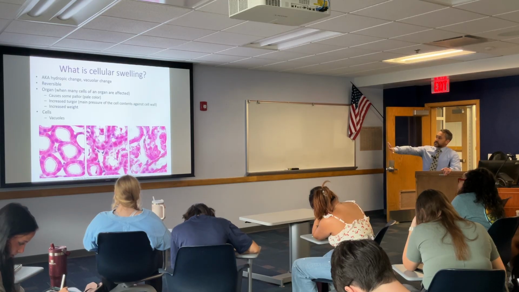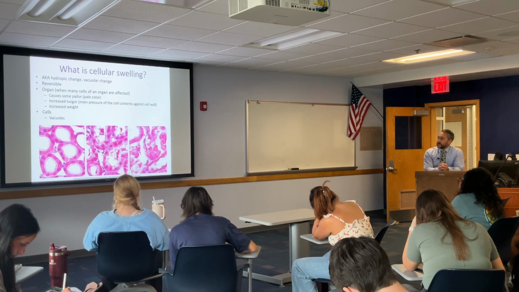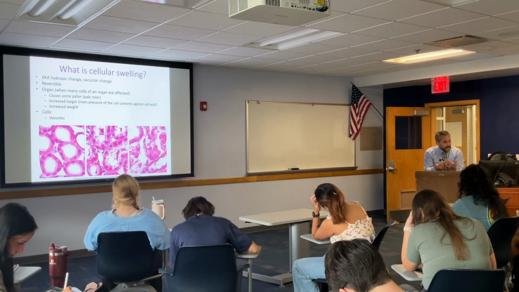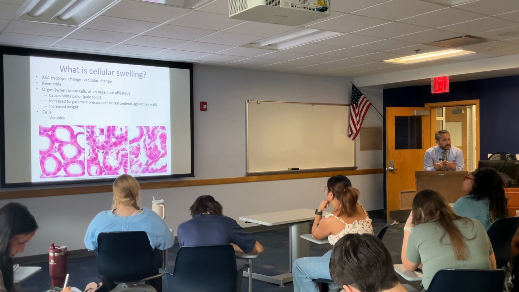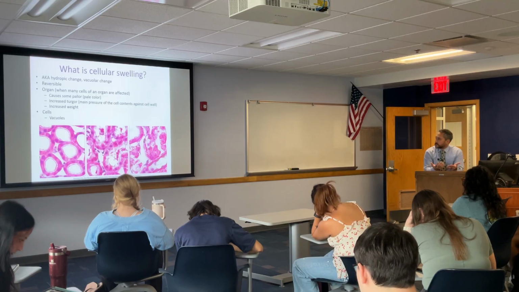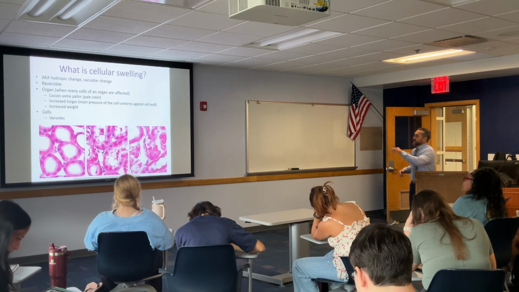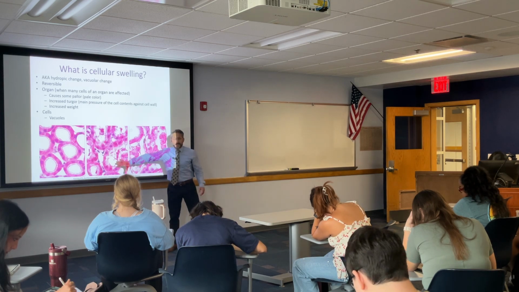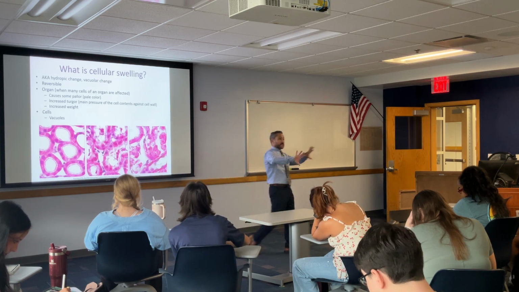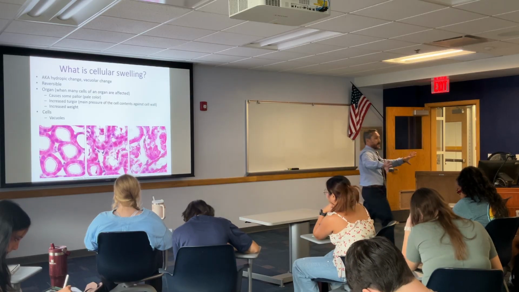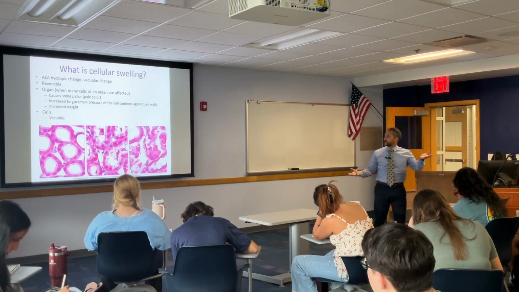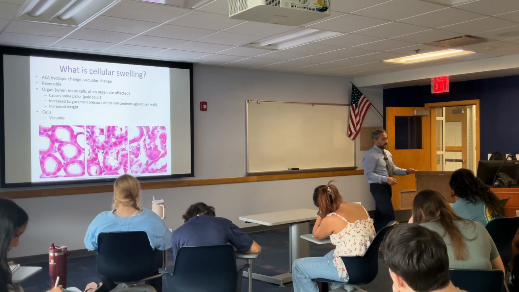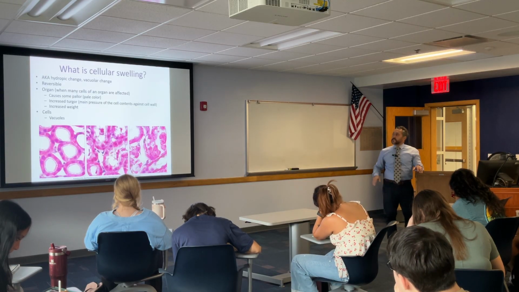So when you start losing these cells, the organ itself may become paler in color, with a blanched appearance. It's not nearly as perfused with blood. You get an increase in turgor pressure. That's the water pressure inside of the cell that forces the organelles up against the cell membrane and causes trauma to the organelles. That causes damage and perpetuates this loss of function of the cell.